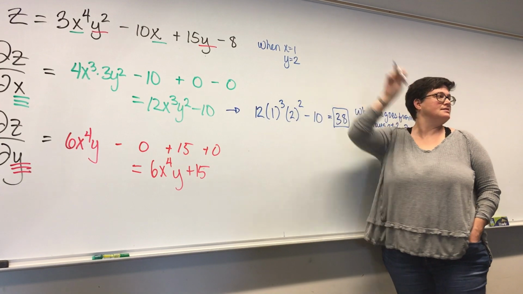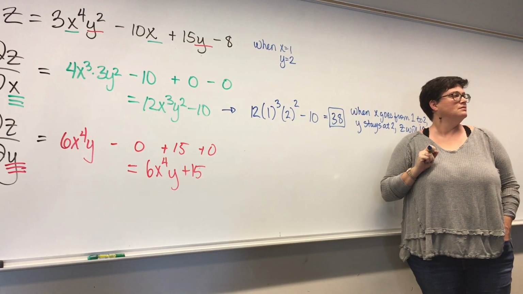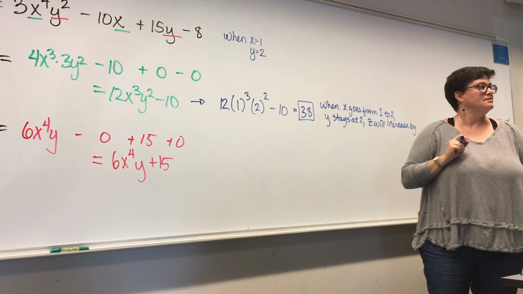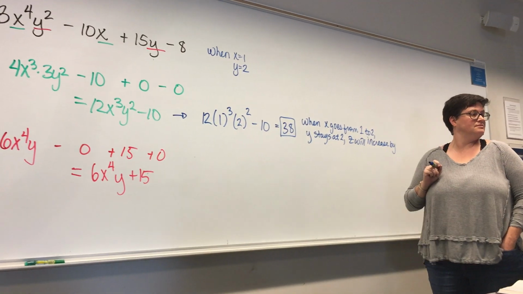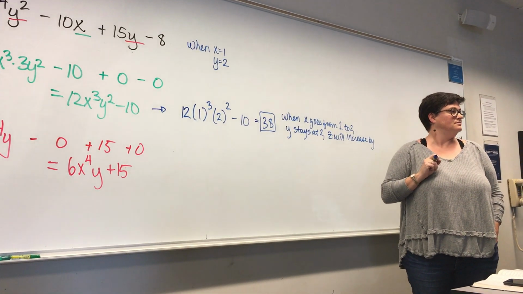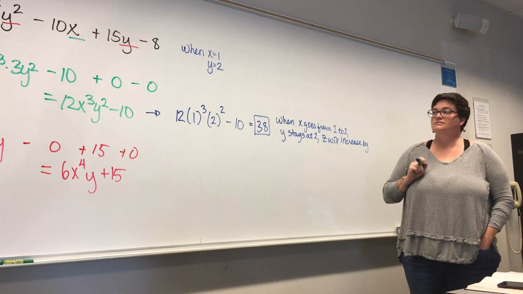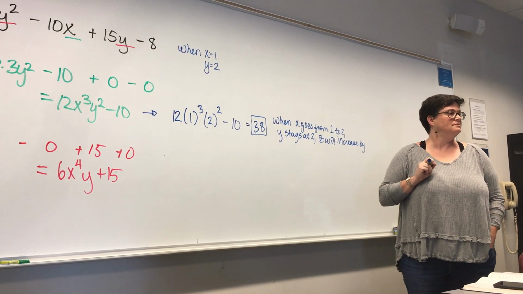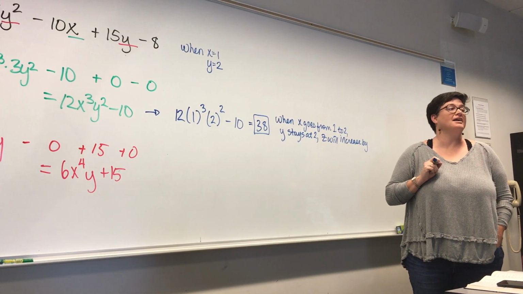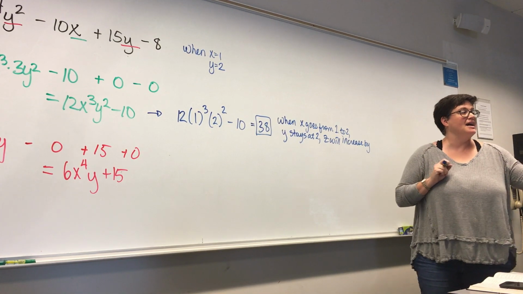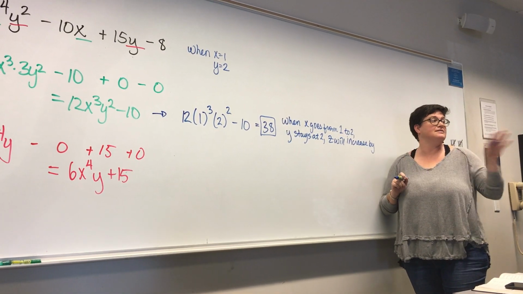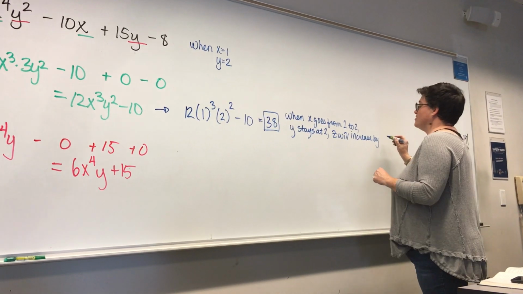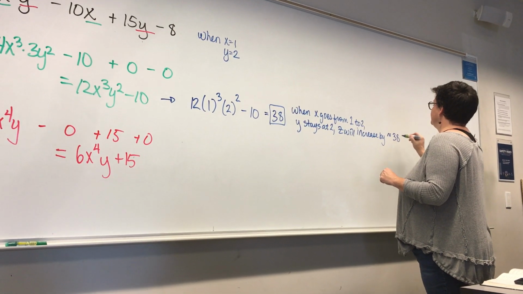Because I said x is 1. And you said x goes from 1 to 2. But that's because you're plugging it into the function that was the derivative with respect to x, right? So that's why it's only focusing on x. Exactly. Going from 1 to 2. Saeed, I think I understand where you are. Let me finish writing this and I'll explain, okay? Z will increase by approximately 38.